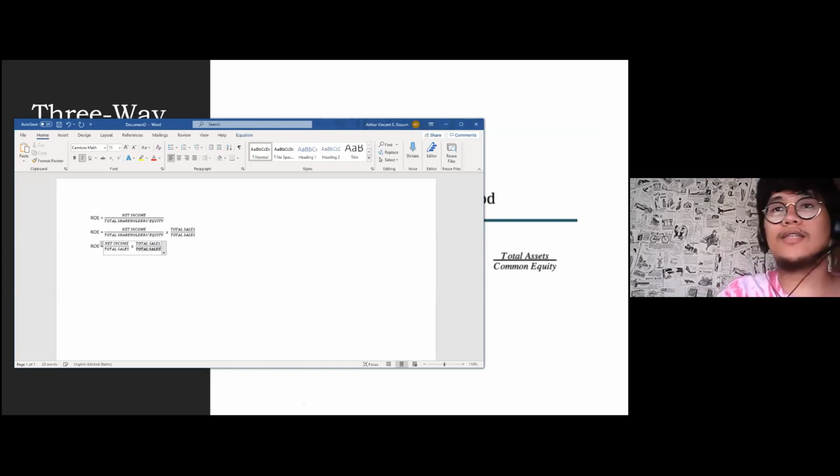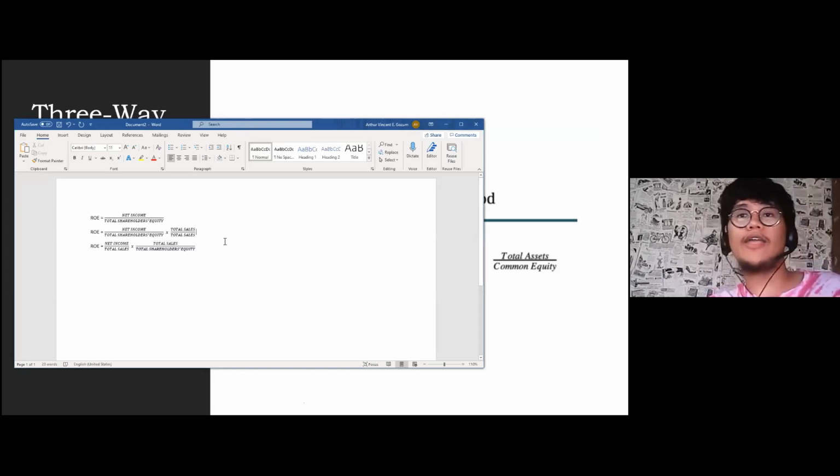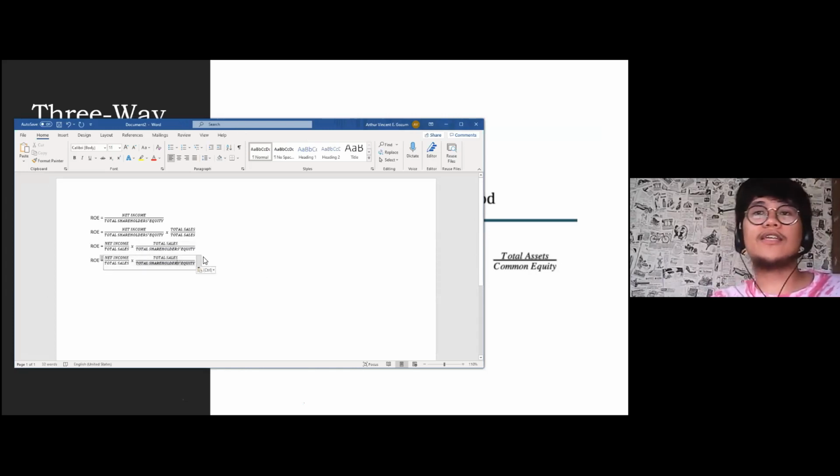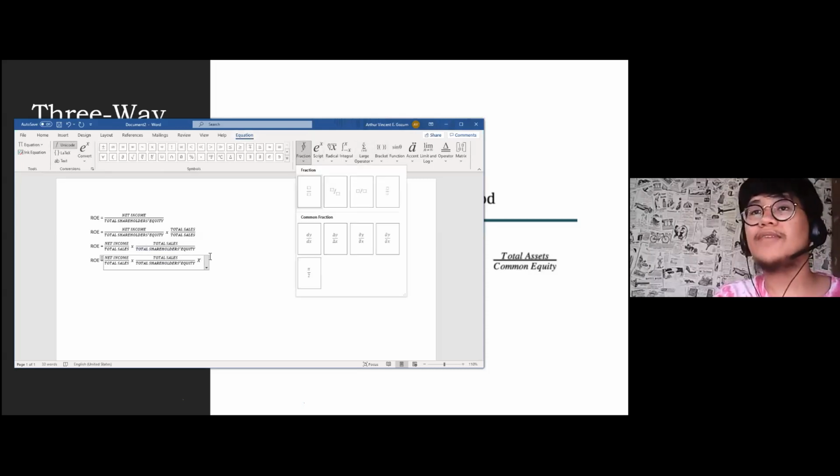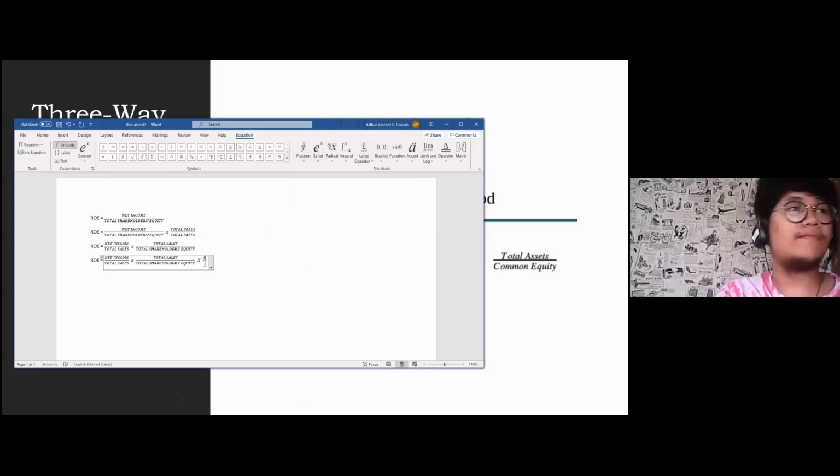Ito si total sales, dito si total shareholders equity. Okay. So next, ang ginawa nila ulit, after niyan, minultiply pa ulit nila yan sa isa pa. Saan naman ulit nila minultiply yan? Total assets. Very good.